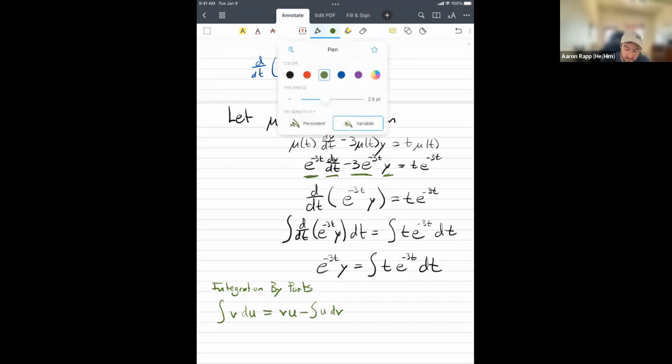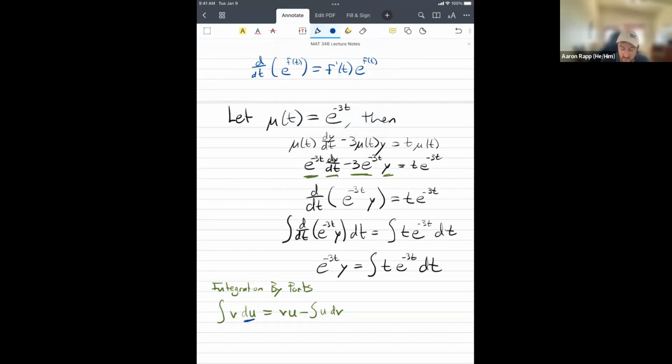So I take the antiderivative of one part, i.e. the antiderivative of du, to turn it into u, and then re-switch this around so that then I can consider what u times the derivative of v is.